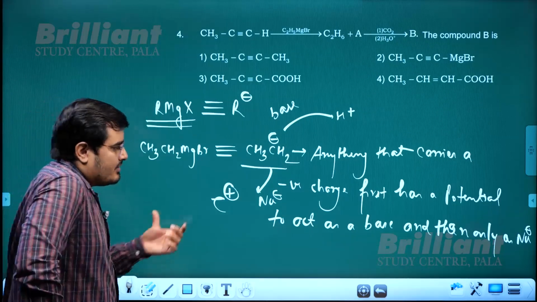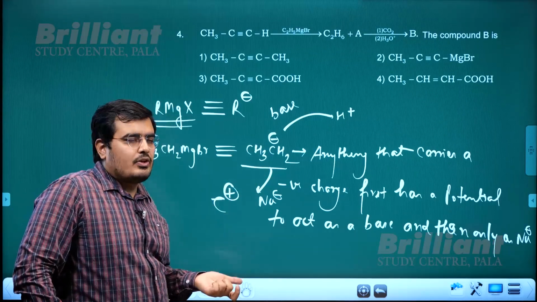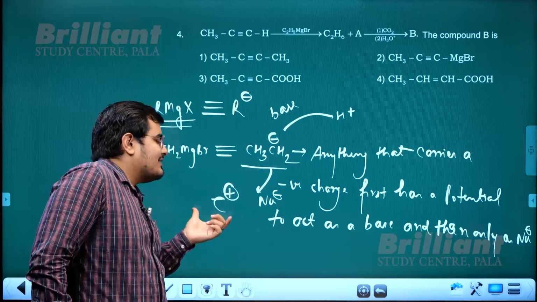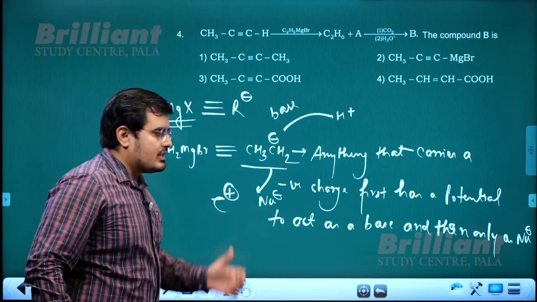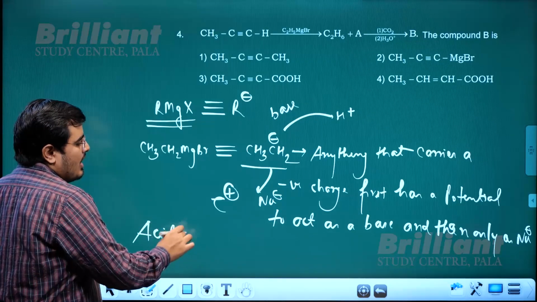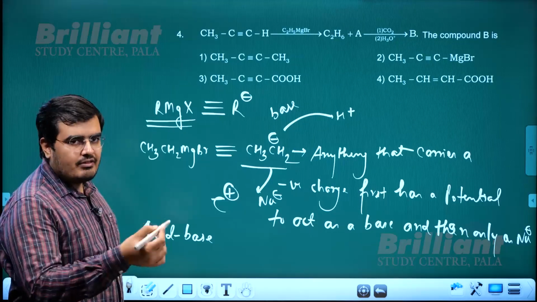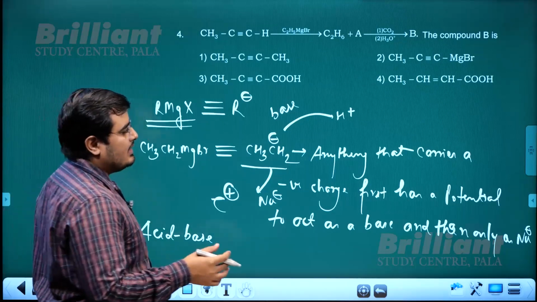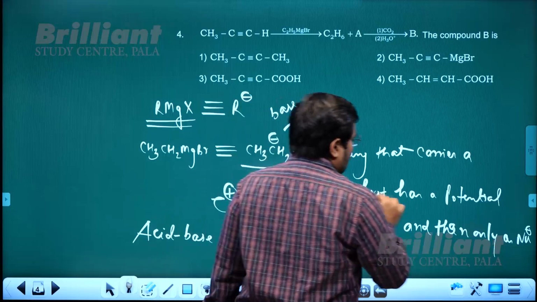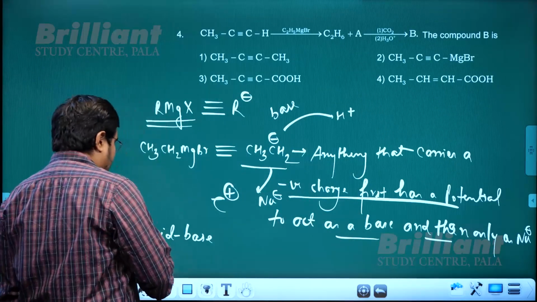And if CH3CH2 minus can donate its electrons to a proton, and there is also a center carrying a positive charge, then we know acid-base reactions are faster than nucleophilic-electrophilic reactions. That is the reason why this negative charge will first try to act as a base and then only as a nucleophile.